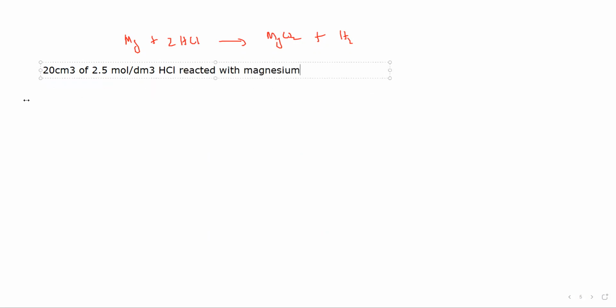The first part, A part, find moles of magnesium reacted. How many moles of magnesium reacted? So how to get the moles of magnesium which reacted? Because this is now a solution, acid, alkali and salt, their solutions are there.